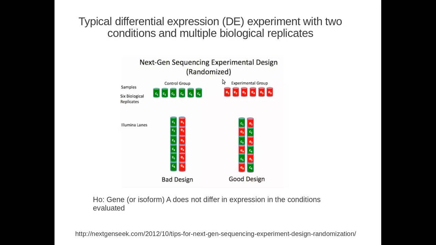So a bad design would be for a technician to come in on the first day of the experiment and prepare libraries for the control group, and then on day 2 prepare libraries for the experimental group, and then put the libraries from the control on one lane of the Illumina, for example, and then the experimental group on another lane. What that does is introduce what we call in statistics block effects, which are highly undesirable, and it's important throughout the experimental design to remember that you want to avoid those block effects by randomization.